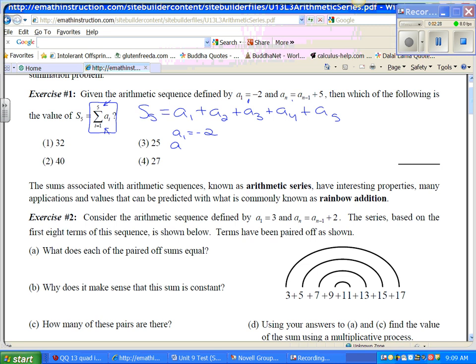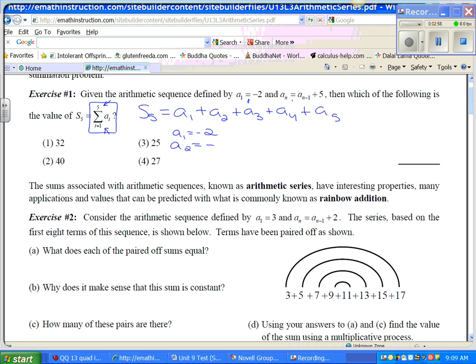All right, so how do I find a sub 2? You do negative 2 plus 5. Good.